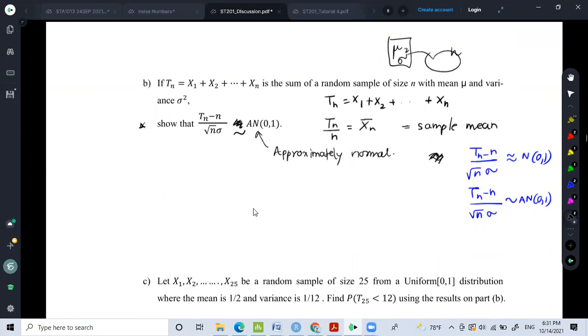So let's start with what we know. Now this is where you use the central limit theorem, so you have to mention that. What do you know from the central limit theorem? Regardless of the population distribution, the sample mean approximates a normal distribution with mean mu and standard deviation sigma over square root of n.